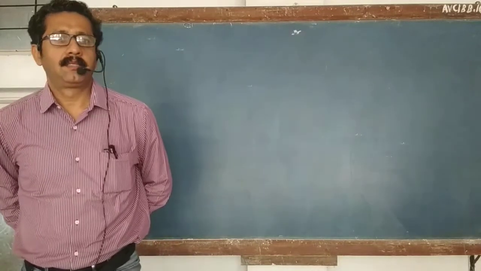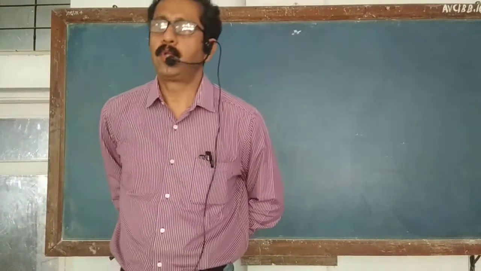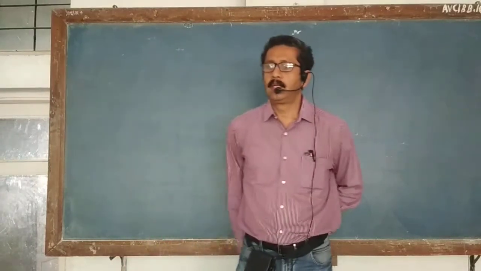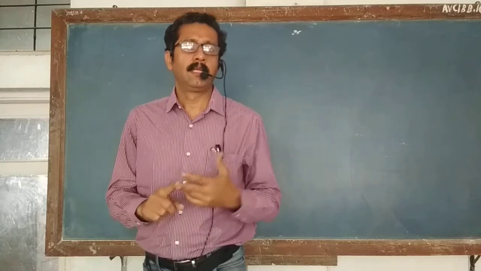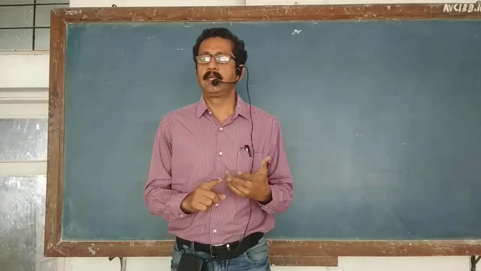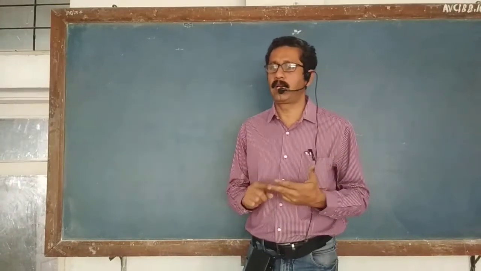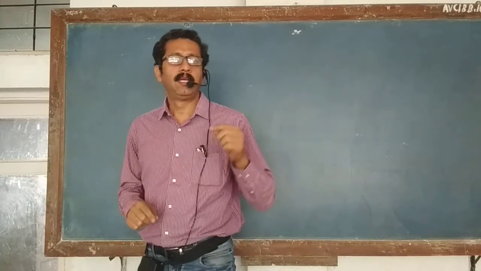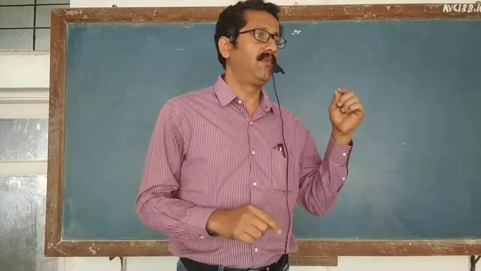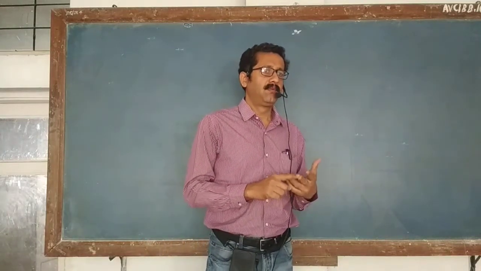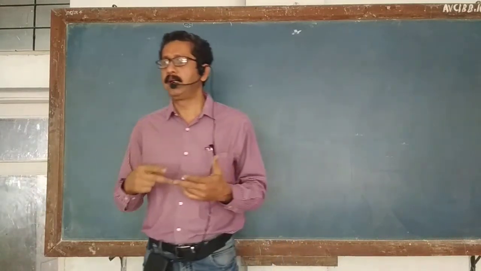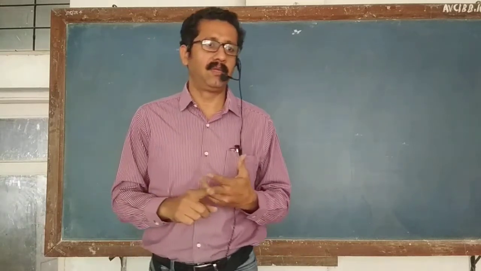So in today's lecture we are going to talk about the topic called resolution of vectors. Yesterday's lecture was regarding the law of parallelogram of vector addition, in which we have studied how we can add two vectors of the same type whenever their magnitudes and the angle between them are given.